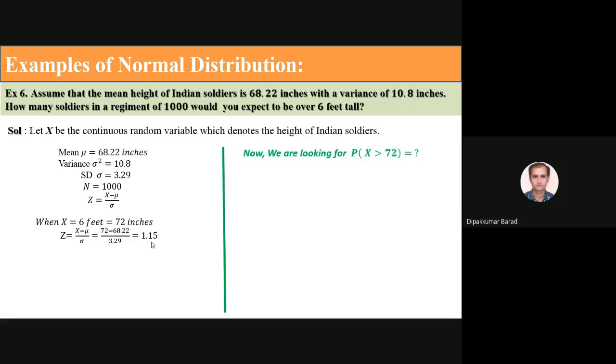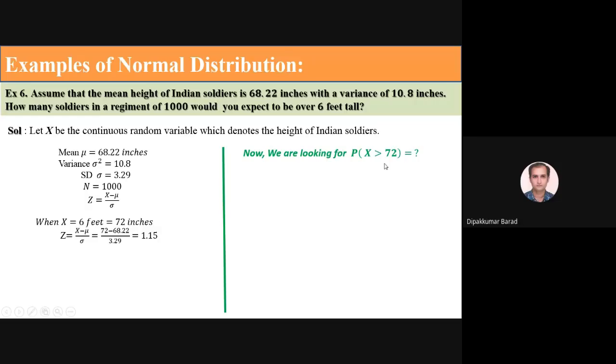Now we are looking for P of x greater than 72, so z greater than z1, and z1 is 1.15. So all z greater than 1.15.